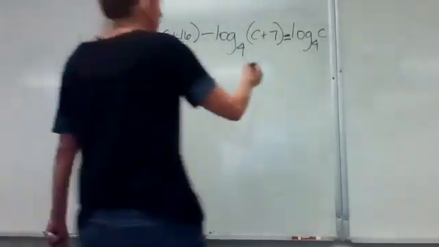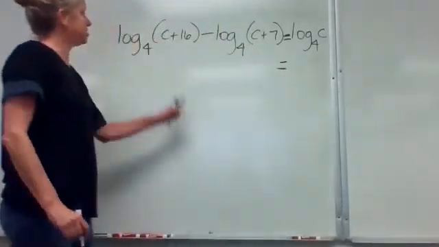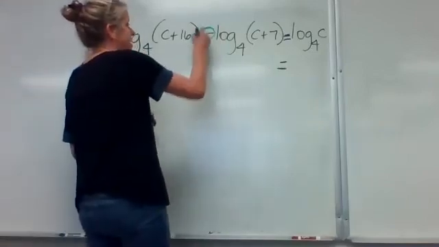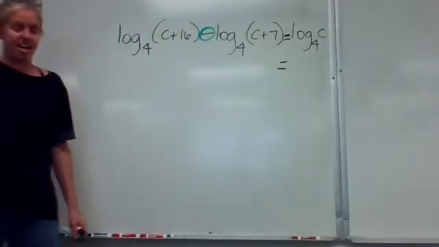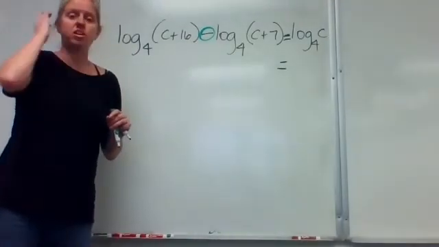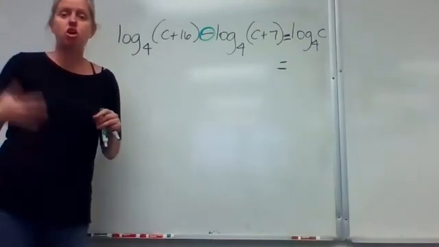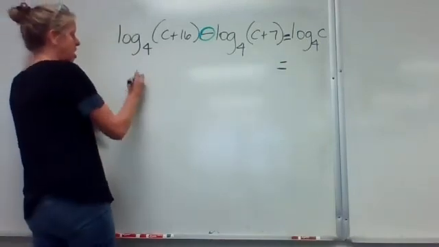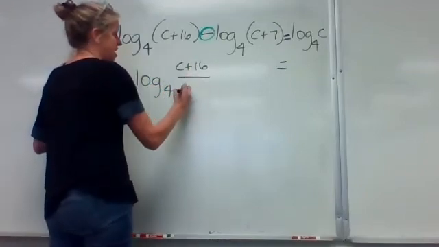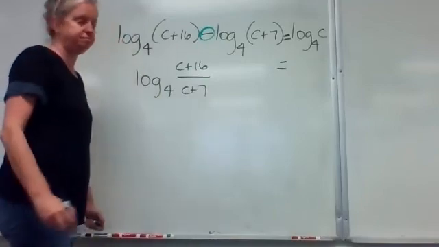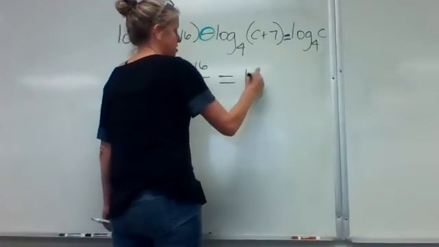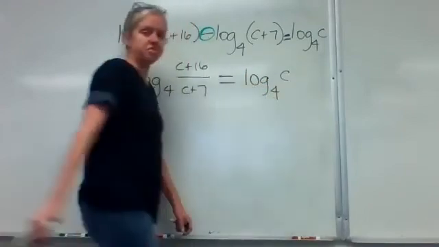So looking at the left side, since I have two log base 4s and they are subtracted, I'm going to simplify that. What does subtraction turn into? If you turn it into one logarithm, it's going to be a division or a fraction or a quotient problem. So I've got log base 4 of c plus 16 over c plus 7 equals, all I have over there is the log base 4 of c.